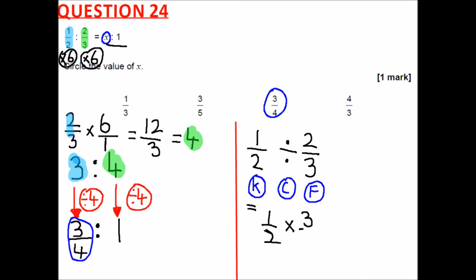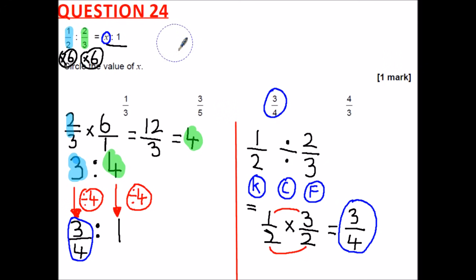So the 3 goes on the top and the 2 goes on the bottom. Now we just multiply the fraction as normal by doing the top number times the top and the bottom times the bottom. 1 multiplied by 3 is 3, and 2 times 2 is 4. So again, doing it this way, x would equal 3/4.